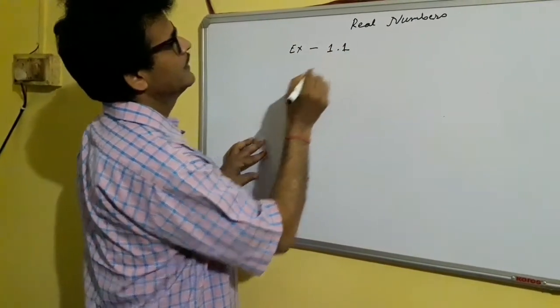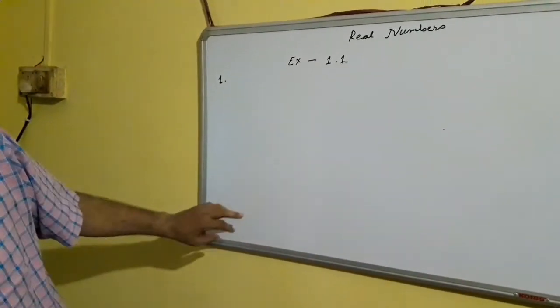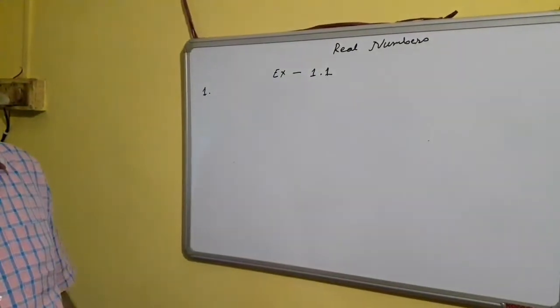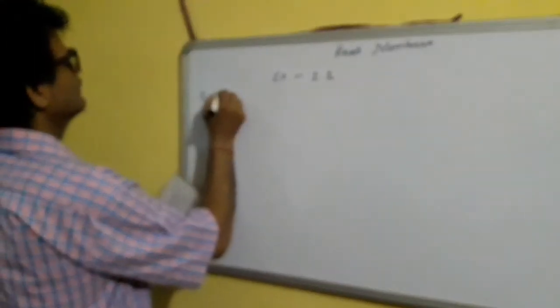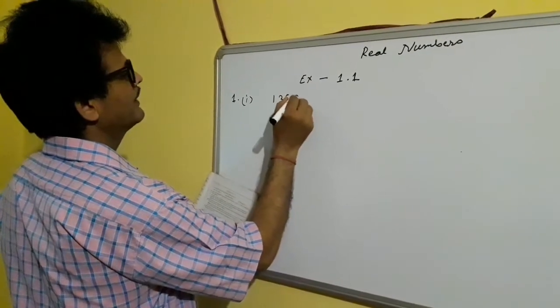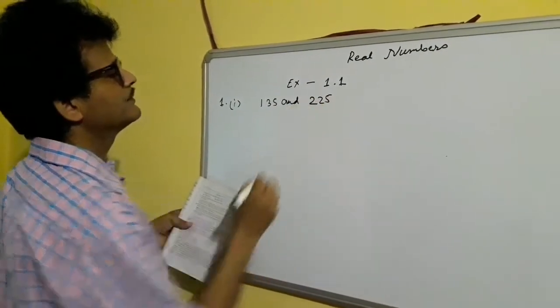So first question, what do we have? Use Euclid's division algorithm to find the HCF of 135 and 225.